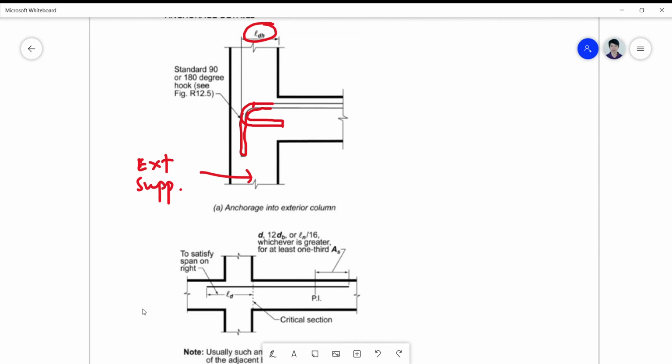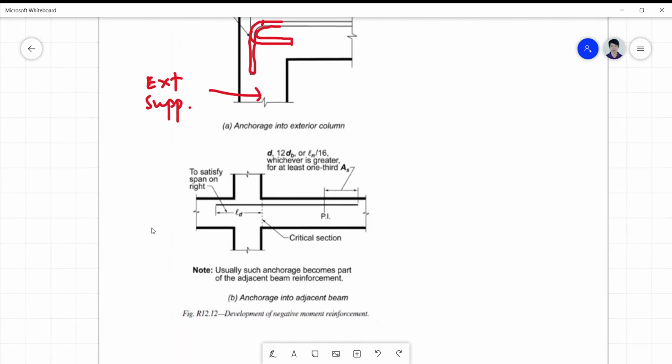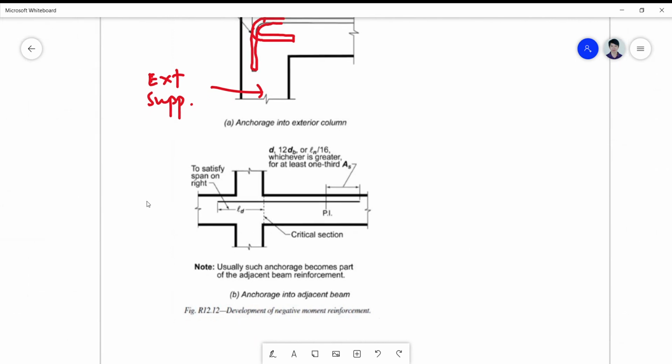Exterior column. So anchorage to an adjacent beam, you just extend it. If you cannot make it continuous up to that point, there must be a check on the satisfaction of your Ld requirement. So you don't need to bend it that way because you can still extend it, because this is a continuous beam.